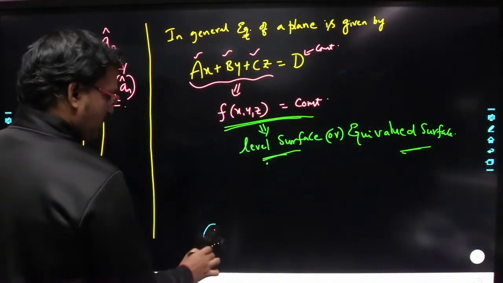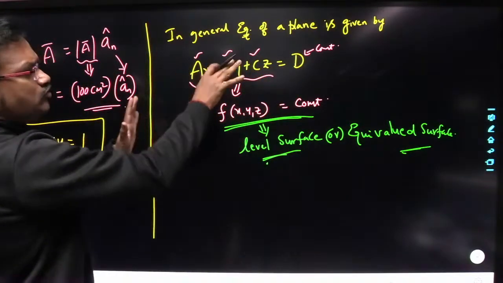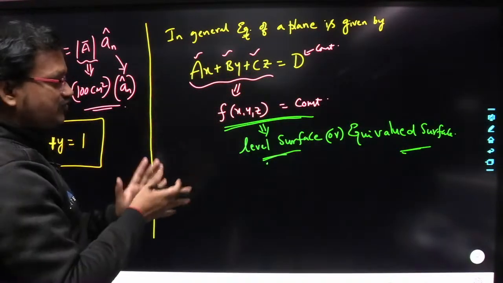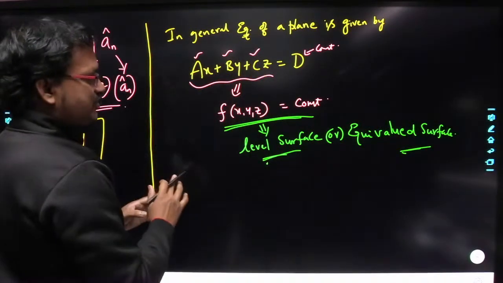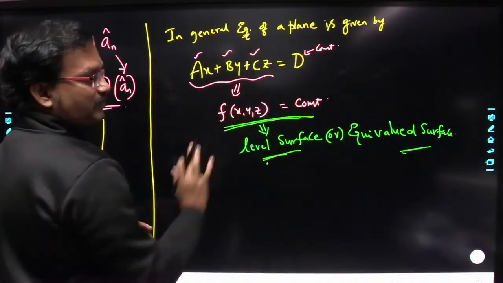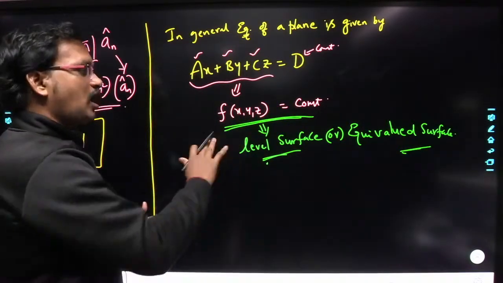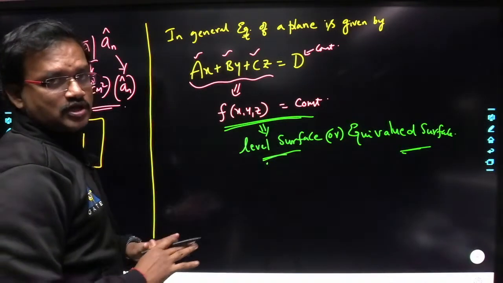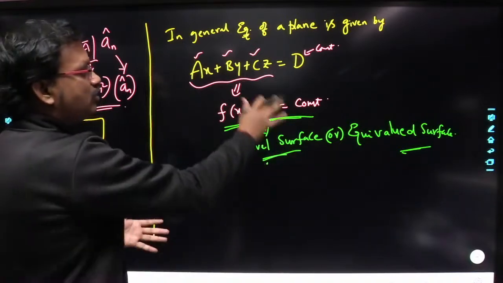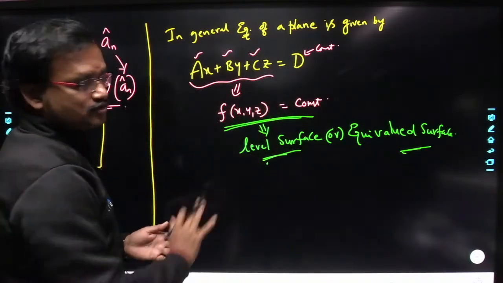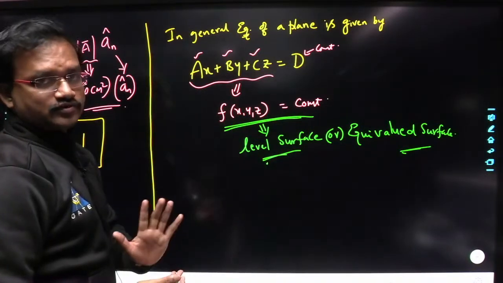On this surface, at each and every point, the value of this function will remain the same. That's why it is called an equivalued surface, or level surface.